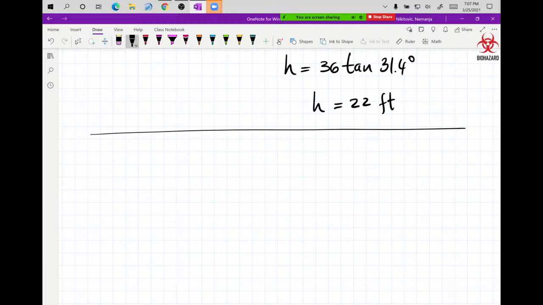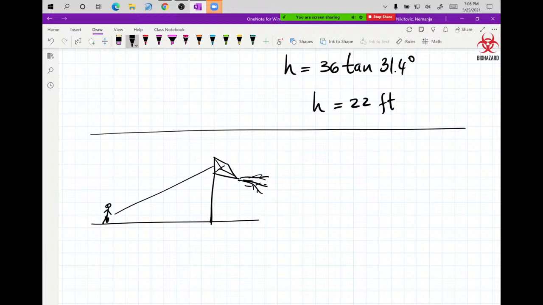What I see here is a little kid that's playing with a kite, and when you drop this vertical here, you can know the length of the rope, because you know that you bought the rope that was 65 feet.